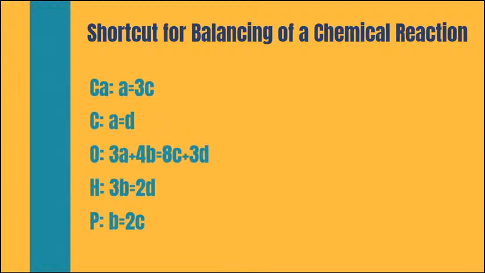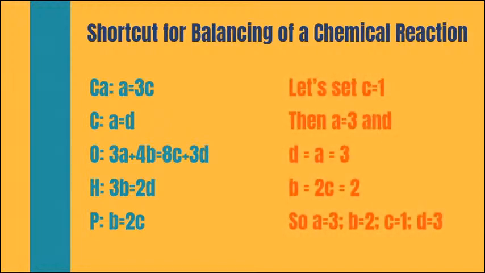As you can see, we have equations in one or two variables. By considering the value of C as 1, we can get all of these variable values, which is very simple to solve.